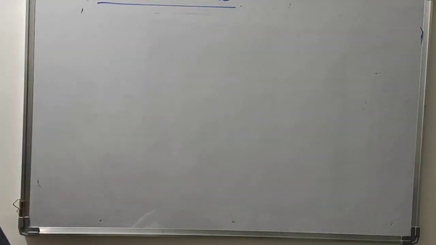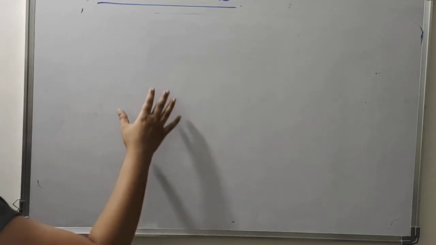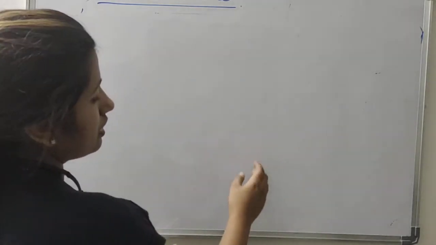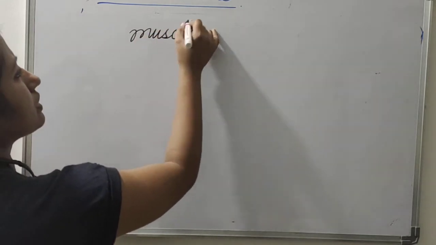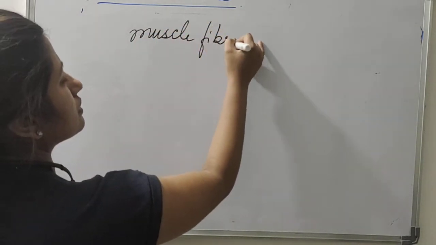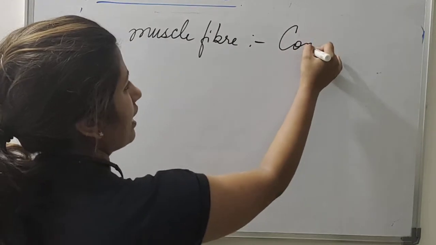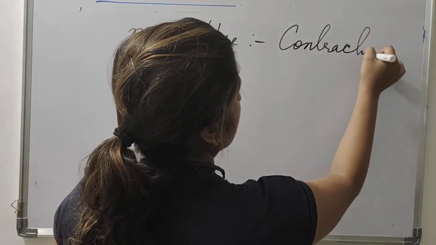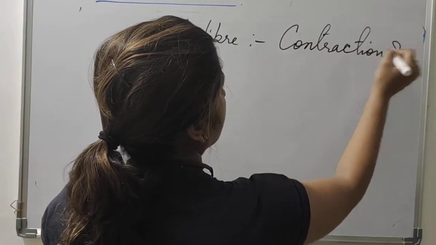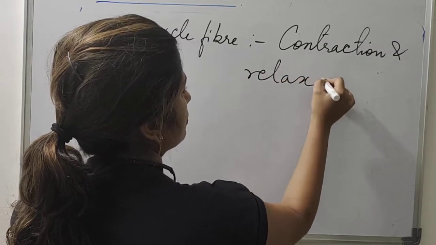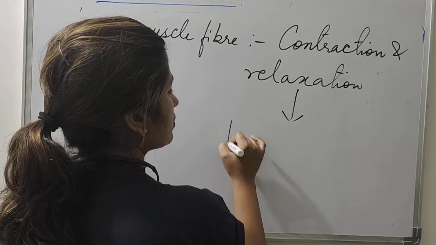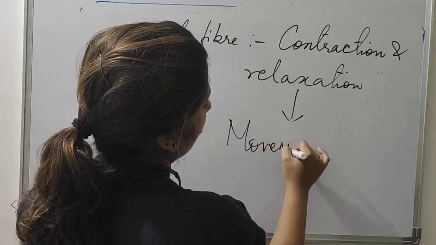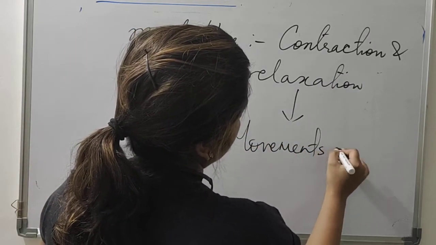Now this muscle fiber which we have seen in the diagram has a capacity of contraction and relaxation. For what purpose do they contract and relax? For the movements of our body parts.